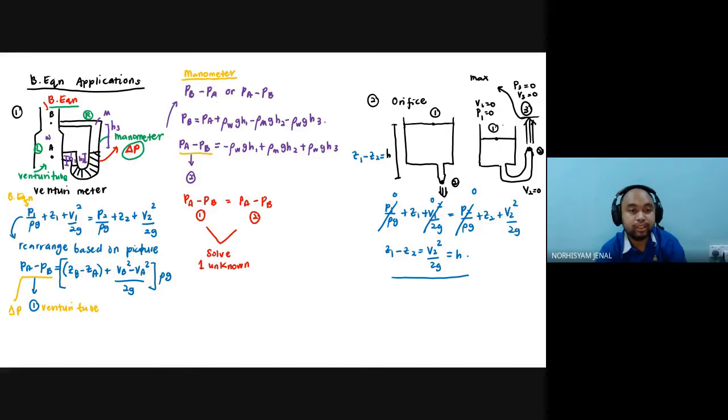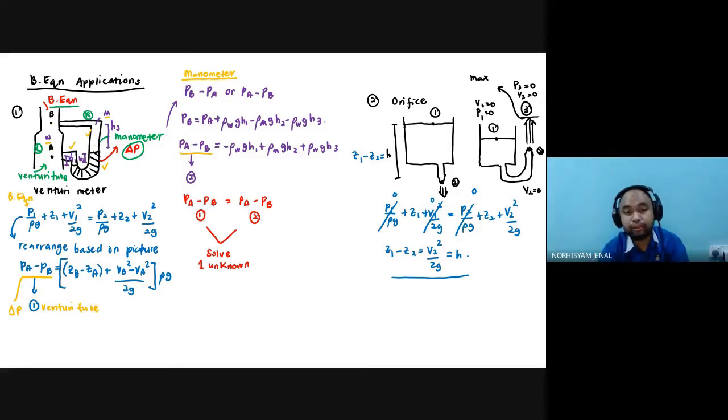Using the example we have here, H1, H2, H3, you get PB equals PA plus rho water g H1, minus rho manometer g H2, and H3 also minus, because we start from A going to B: coming down is positive, going up is negative.